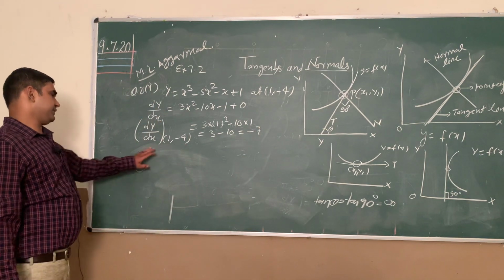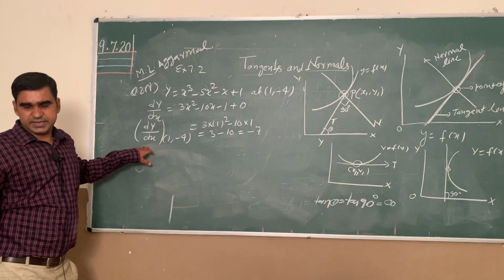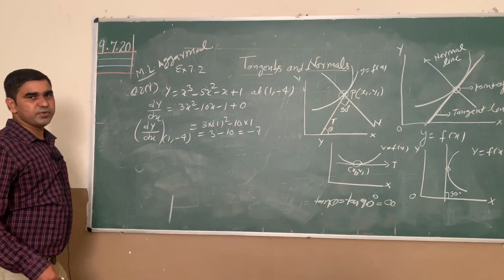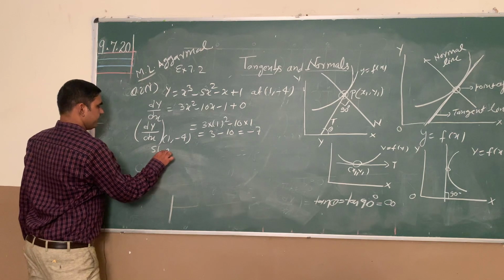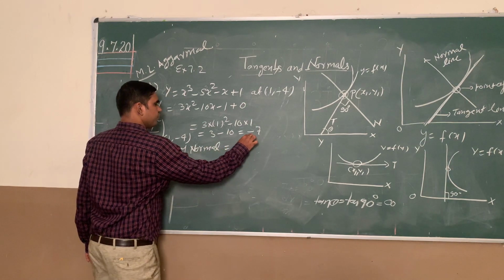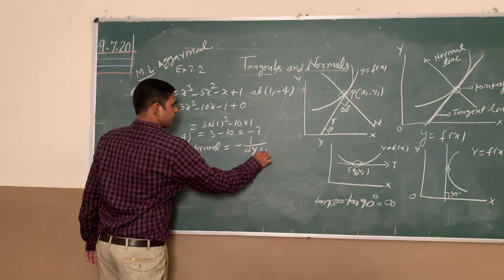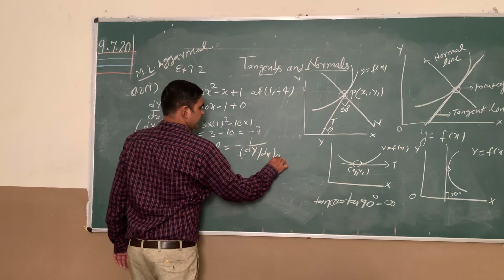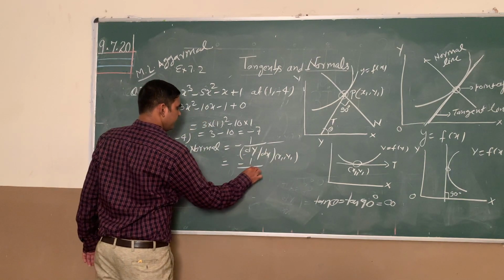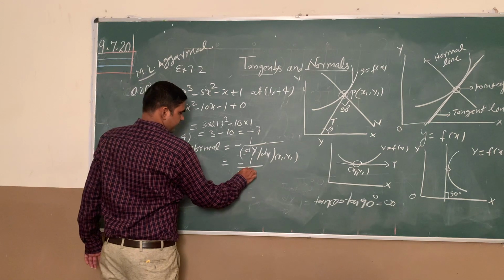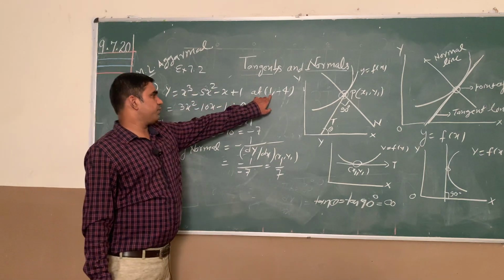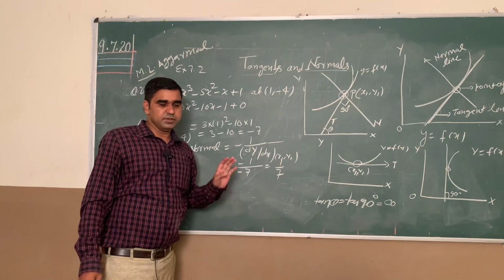This is the slope of the tangent, and the slope of the normal is the negative reciprocal of the slope of the tangent. So the slope of the normal equals minus 1 upon dy by dx, and this is the formula. So minus 1 upon minus 7 is 1 upon 7. So the slope of the normal of this curve at the point (1, minus 4) is 1 upon 7.